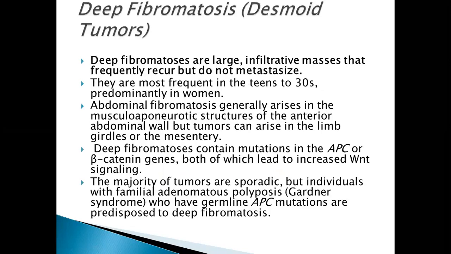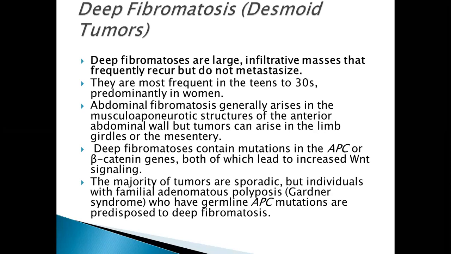Now, let's move to the second type of fibrous tumor, deep fibromatosis or desmoid tumor. Deep fibromatoses are large infiltrative masses that frequently recur but do not metastasize. They are most frequent in teens to 30s, predominantly in women.